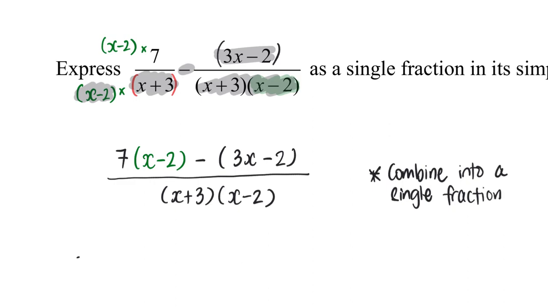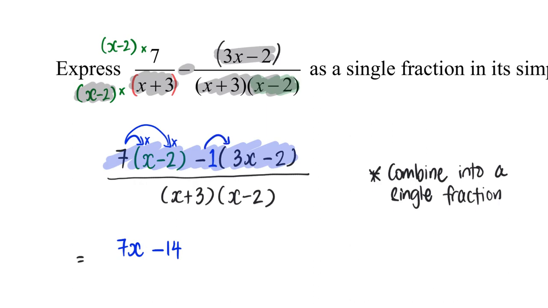Step 2. Expand and simplify the numerator. So I will have 7 times x, 7x, 7 times negative 2, negative 14. Do take note, if there's no number in front of this bracket, we must know that it is an invisible 1 here.